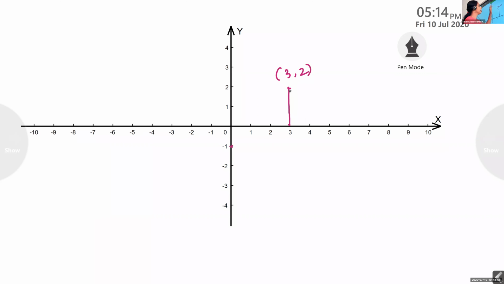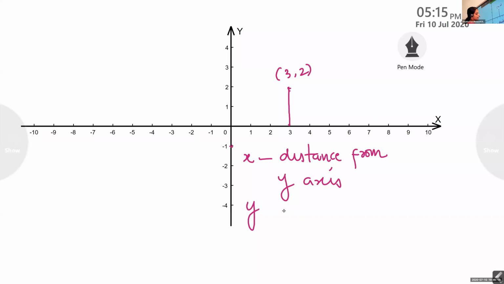Okay, children? Yes, ma'am. So x is the distance from the y-axis. It is straight opposite. You can write your lecture notes. And y-coordinate is the distance from the x-axis. This is the difference.